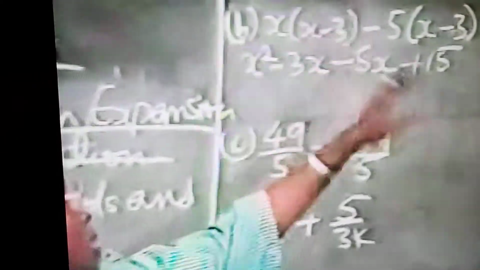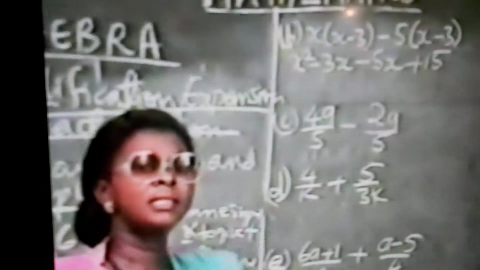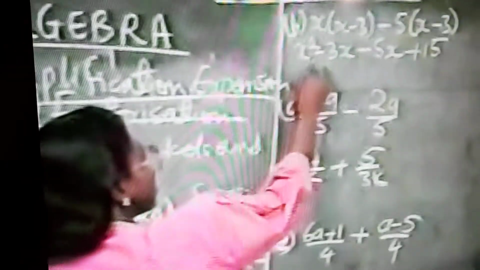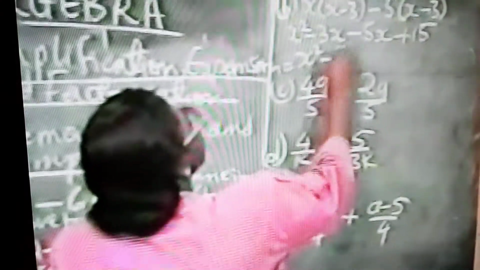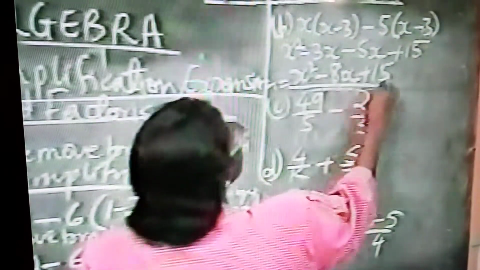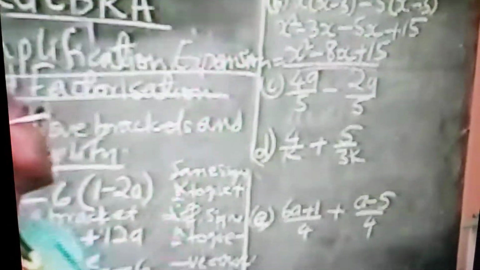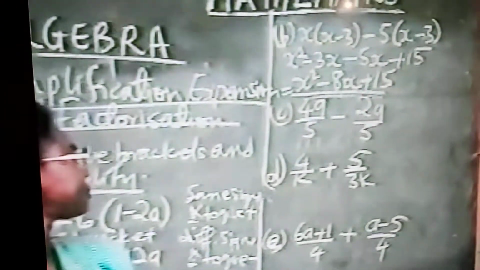They are both negative. So if I'm owing 3x somewhere, I'm owing 5x in another place. All together, I'm owing 8x. So you have your x squared minus 8x plus 15. And that is your answer. This is a quadratic expression which we'll go into next.